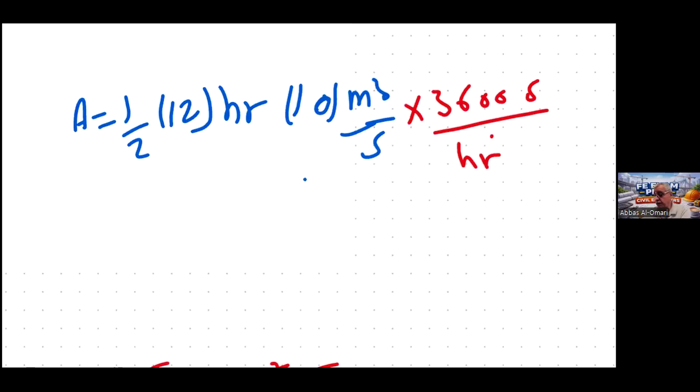So that's it. So we will have the area, which is the volume. Area is the volume. So the volume of the runoff is 216,000 cubic meters.